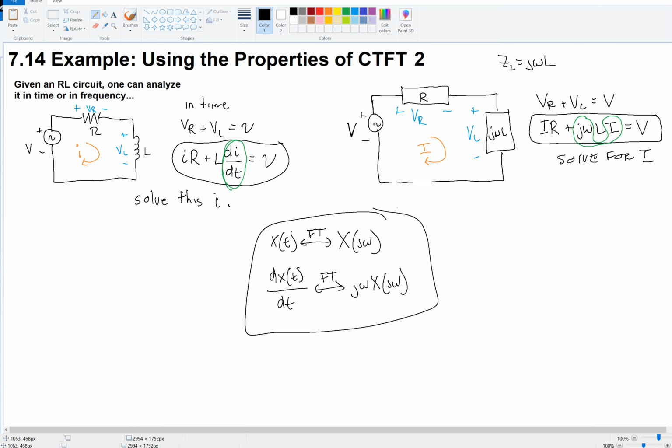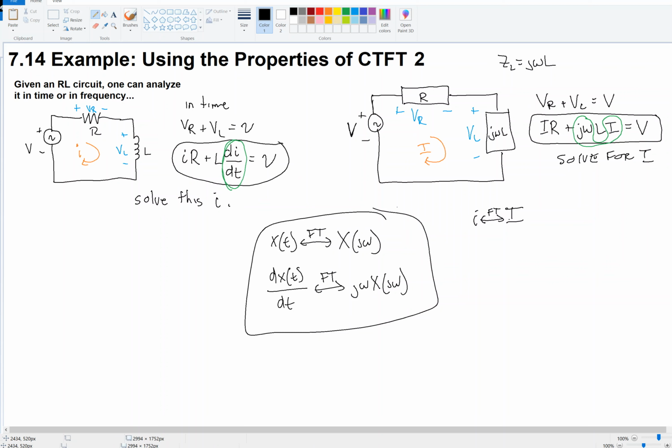We're basically saying, if little i has Fourier transform capital I, then the derivative has Fourier transform j omega times capital I.